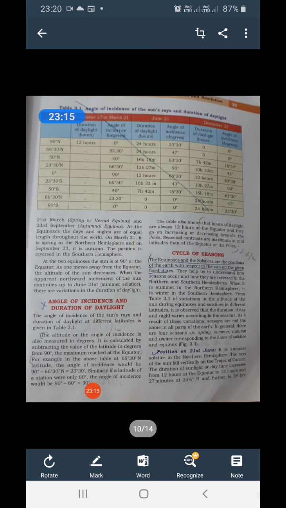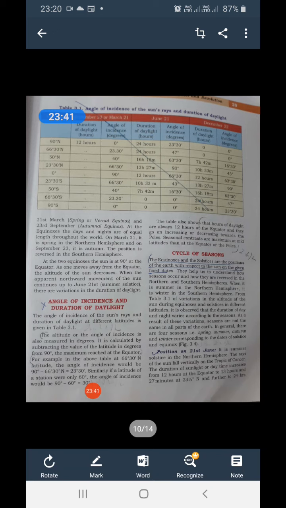Now children, they have given you here the table which I have cancelled here, and the angle of incidence which I have also cut out. And we come to the cycle of seasons, which just now I was telling you that we'll explain, that equinoxes and solstices are the positions of the earth with respect to the sun on the given fixed dates.